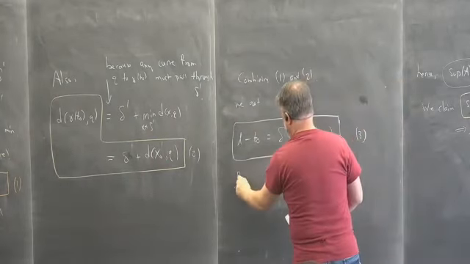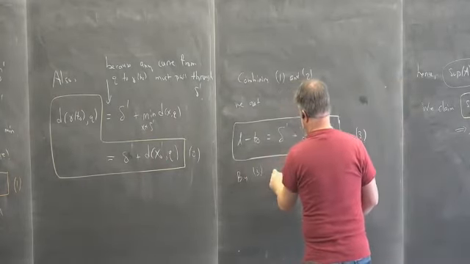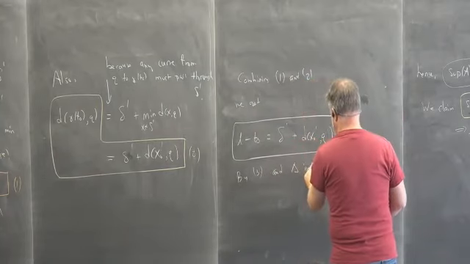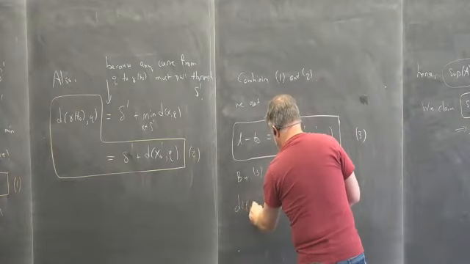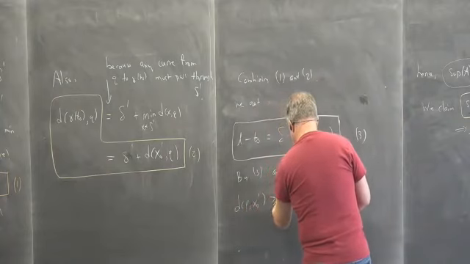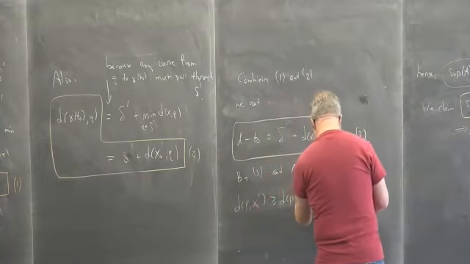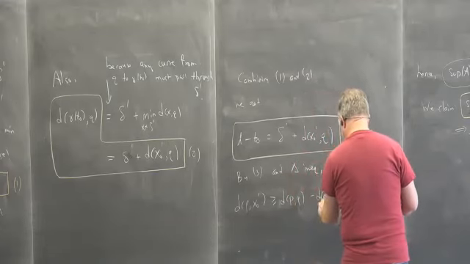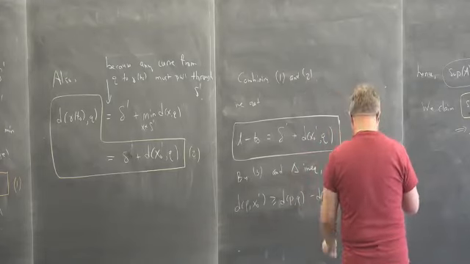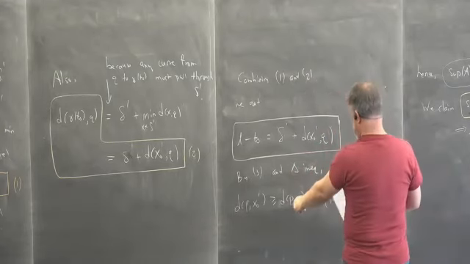Okay, so by 3 and the triangle inequality, what do we get? The distance from P to X naught prime is greater than or equal to the distance from P to Q minus the distance from Q to X naught prime. That's just the triangle inequality rearranged.